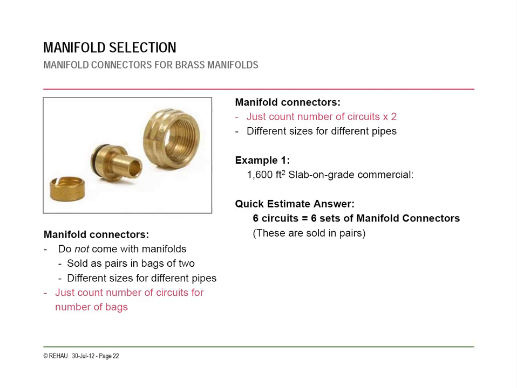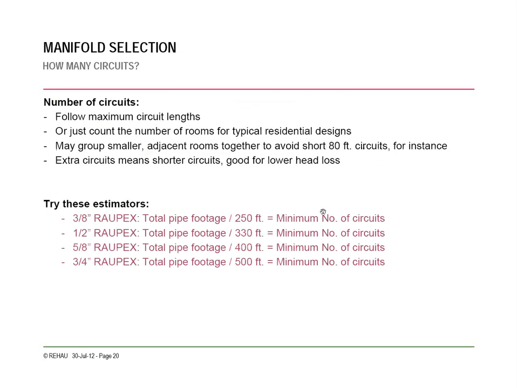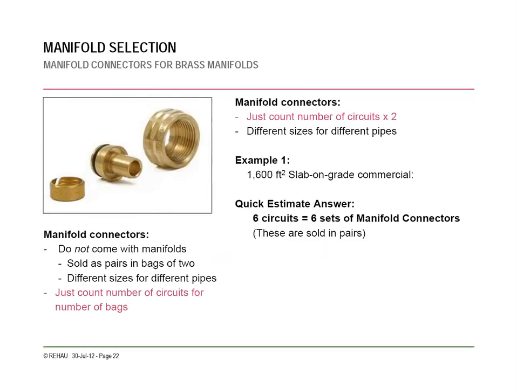The next would be the manifold connectors. You may think, why don't these come with a manifold? But they're dependent on the size of the pipe you're using. So that's why they're interchangeable. You need one for the supply and return. They usually come in a package together.